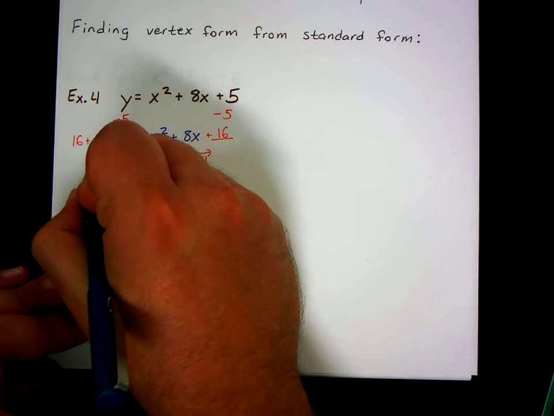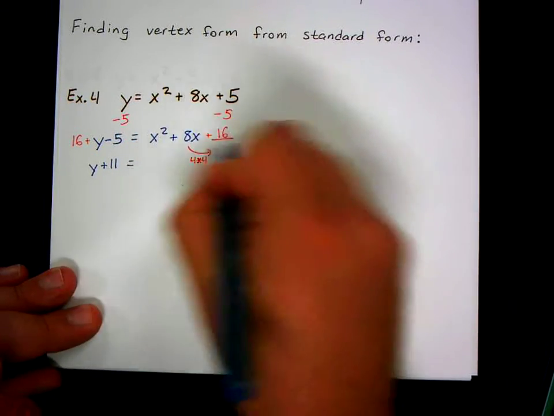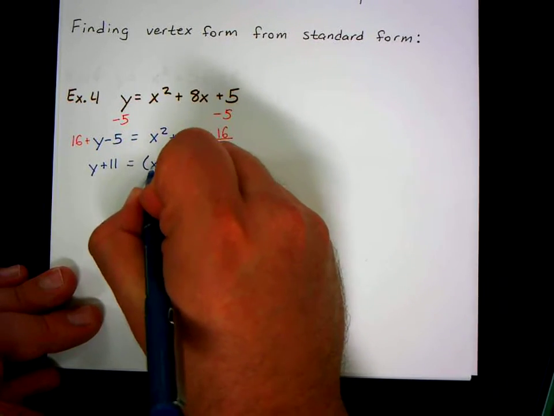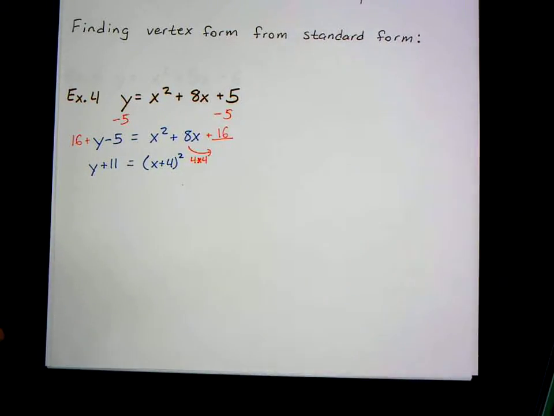Okay, so on this side I have y plus 11 equals, go ahead and factor that. Yesterday at this point we were solving, so we square rooted both sides. We don't want to do that today. Today we're creating an equation, so what we do today is we move that 11 back over to the other side.